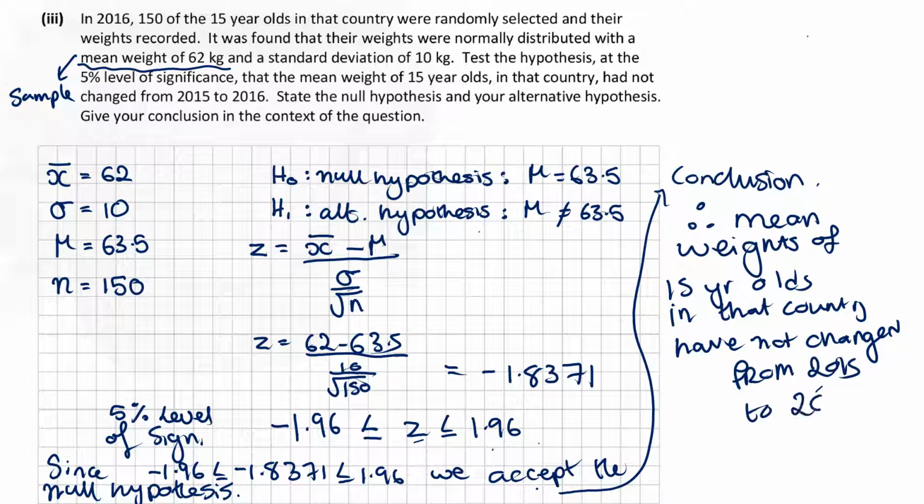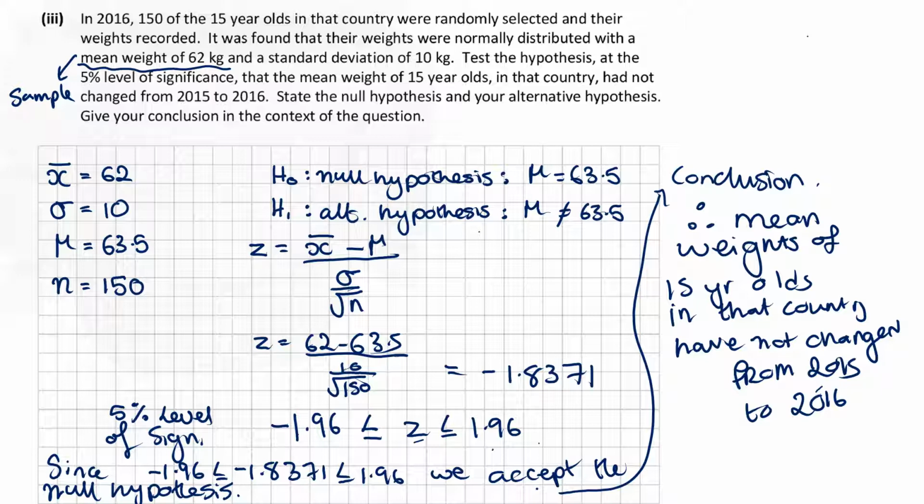That's really important. They've asked you to state your null hypothesis, state your alternative hypothesis, and give your conclusion in the context of the question. They couldn't be more clear about this. Simply saying I accept or reject the null hypothesis is not enough. You have to bring it back to the question.